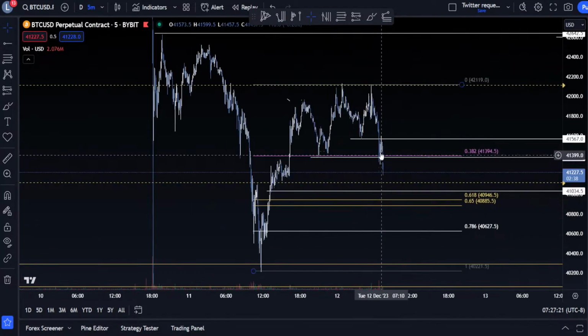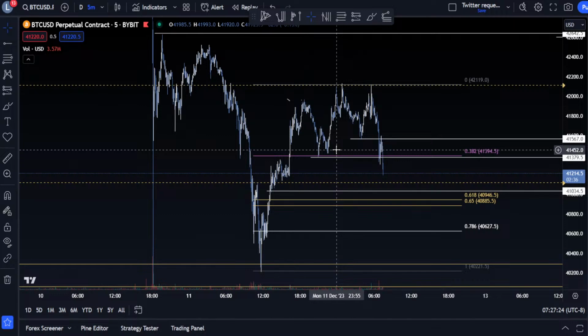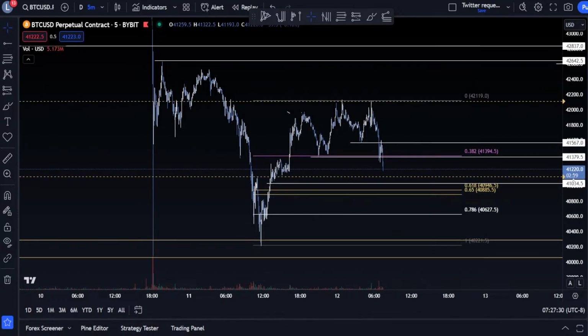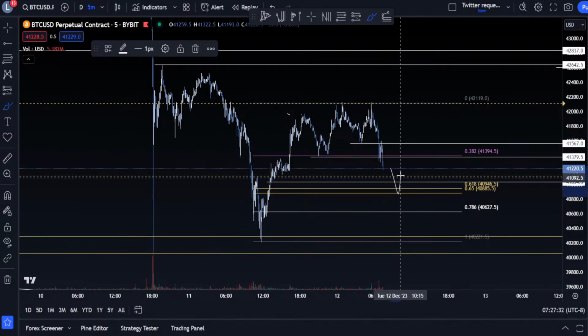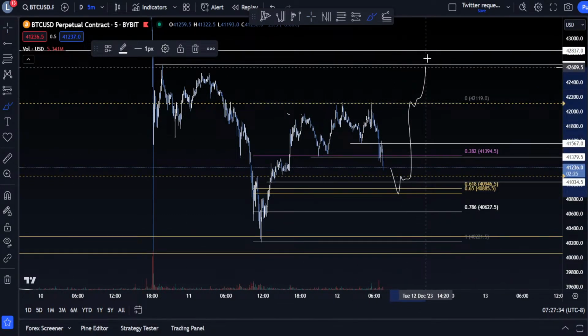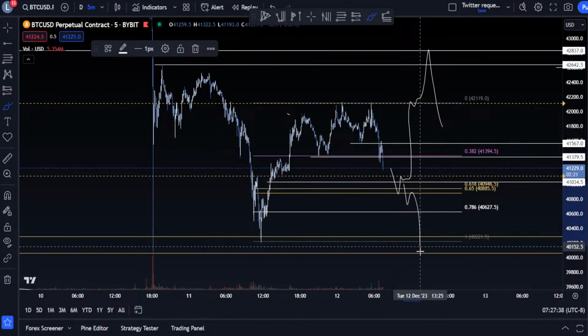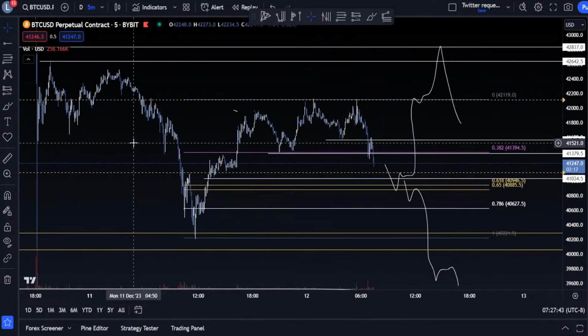We'll see. I'm going to stick around on live because this could be interesting to watch if we don't reclaim this level. This would be interesting, and this would look very interesting if we ran these lows.